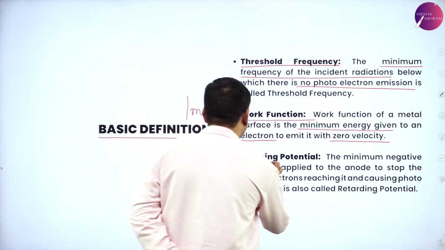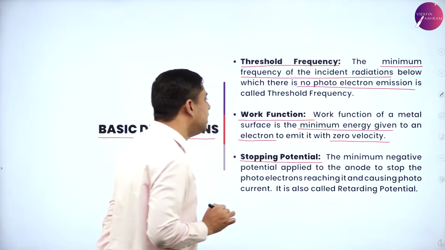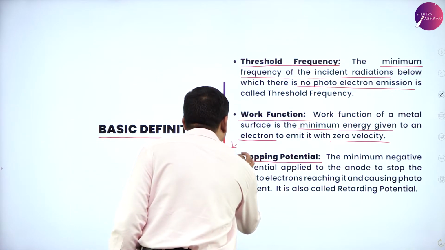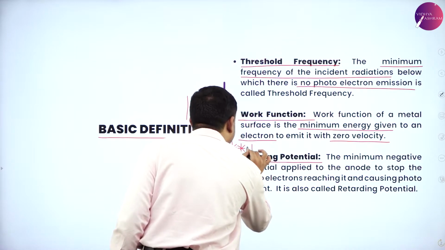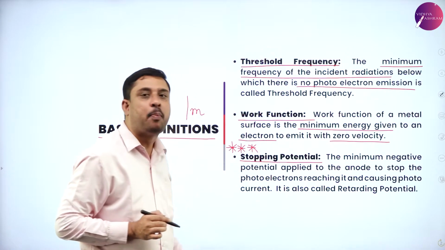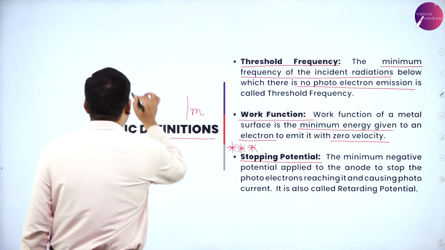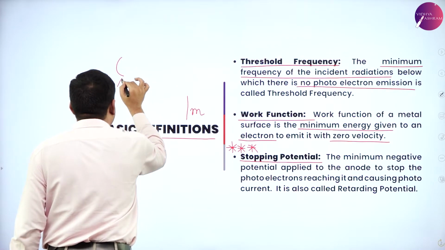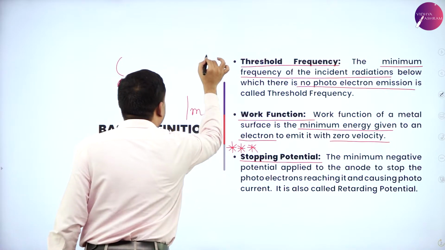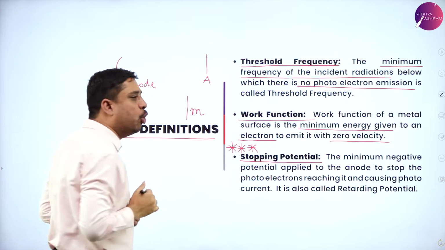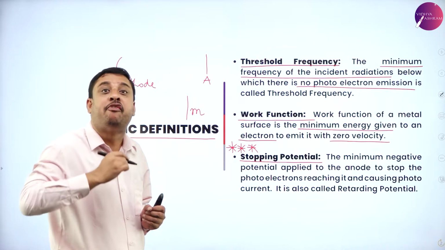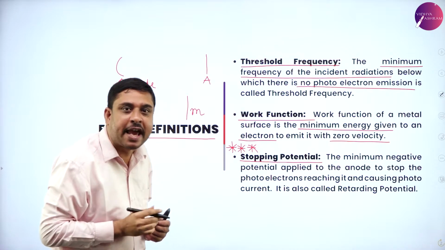And finally, we understand something called stopping potential, a very important definition, quite remarkably asked in the exam. Stopping potential. Students, yesterday we saw in the experiment there was a cathode and an anode. Cathode was a photosensitive surface.